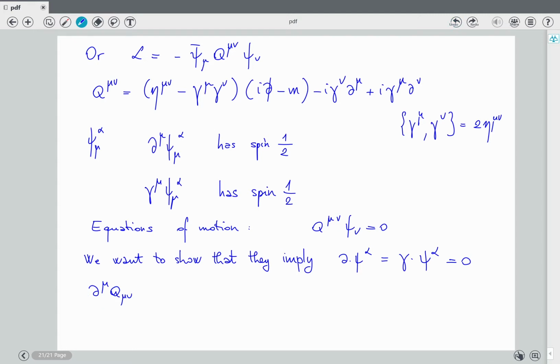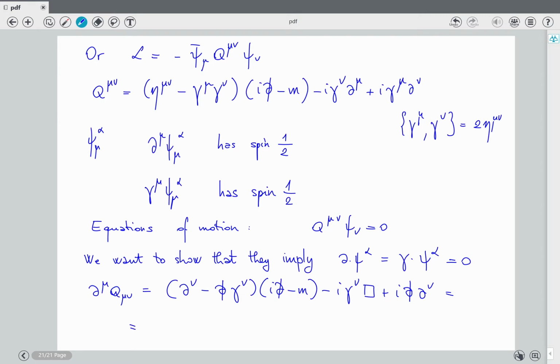So what is it? Here you get ∂^ν minus ∂̸γ^ν, times (i∂̸ − m), minus iγ^ν □, and then you have plus i∂̸∂^ν.